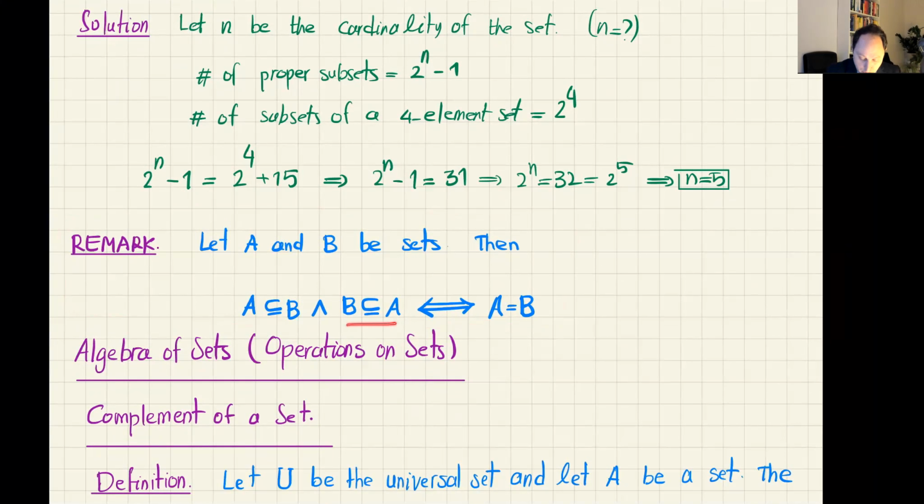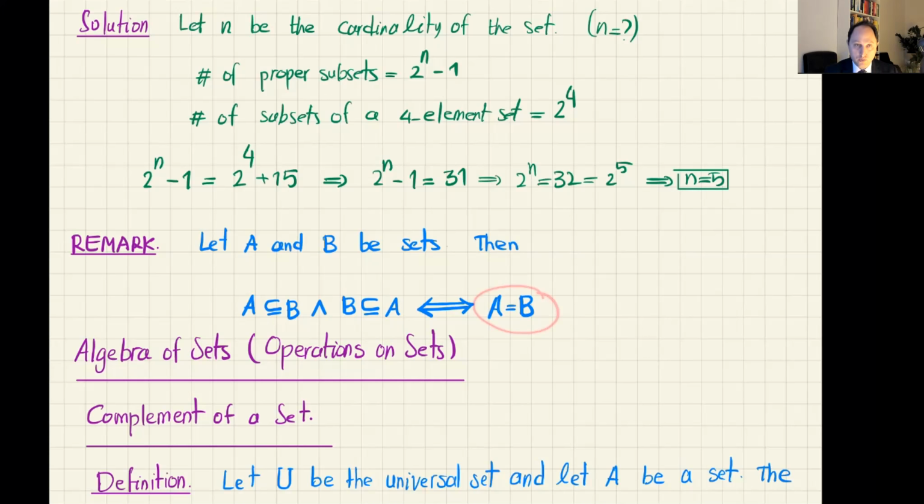If you can show these two, then this will imply that these two sets are equal. So this remark is very important, even though it seems trivial. Whenever you want to show two sets are equal, you need to do it in two steps. First, show that the left-hand side is a subset of the right-hand side, and then show once more that the right-hand side is a subset of the left-hand side.